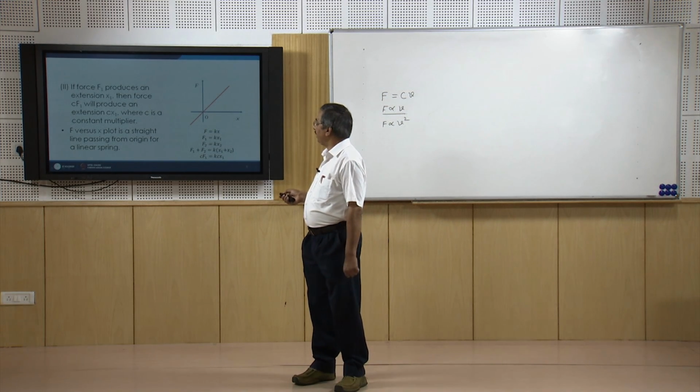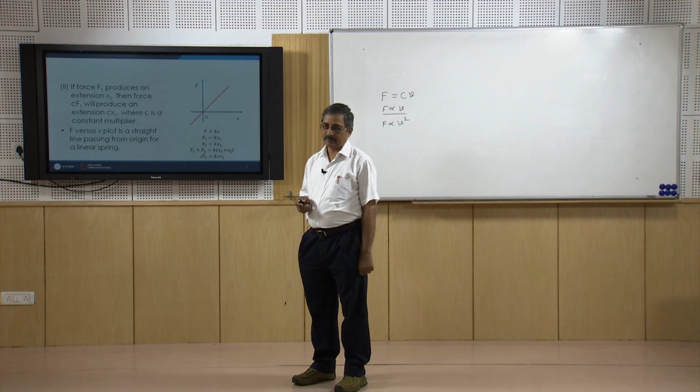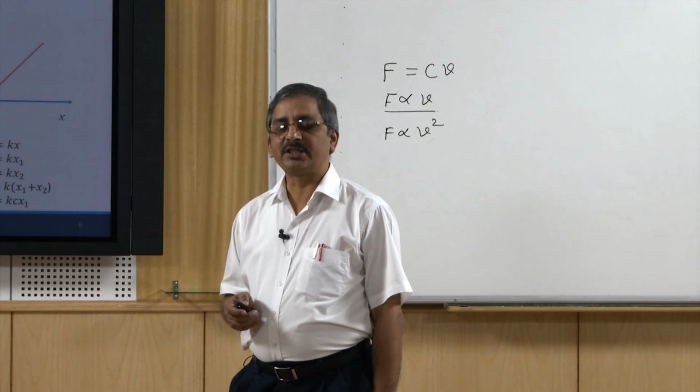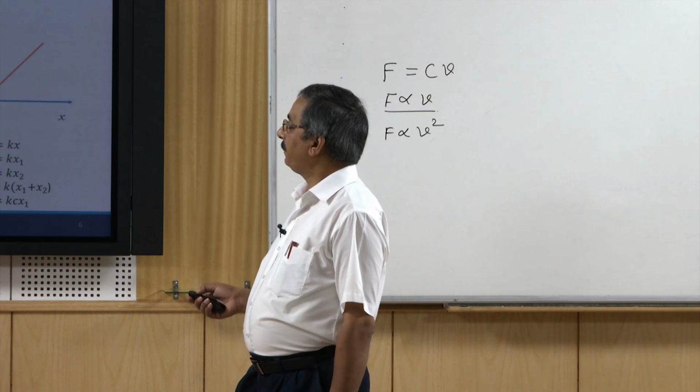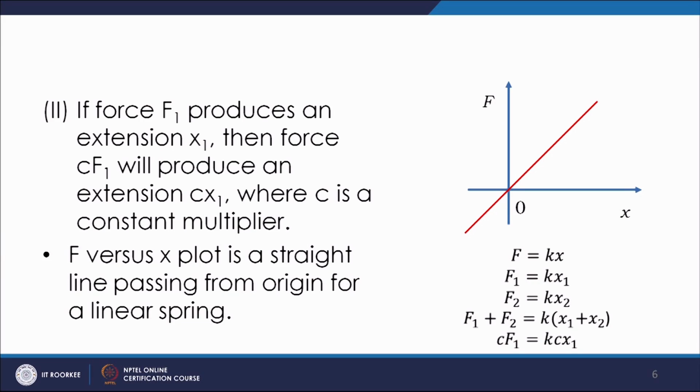Another property exhibited by a linear system is this: if a force F1 produces an extension X1, then a multiple of F1, say CF1, is going to produce an extension CX1, where C is a constant multiplier.